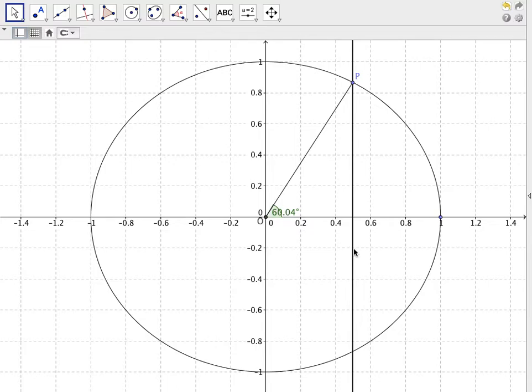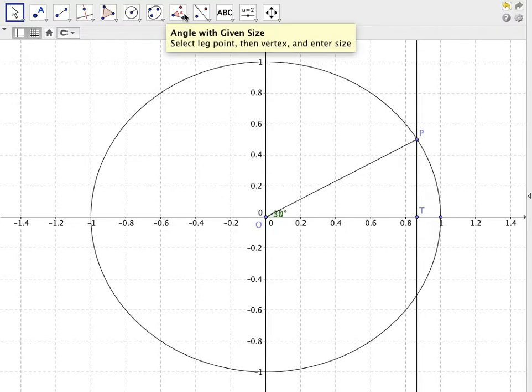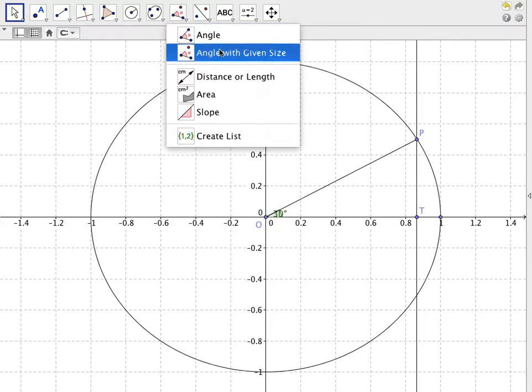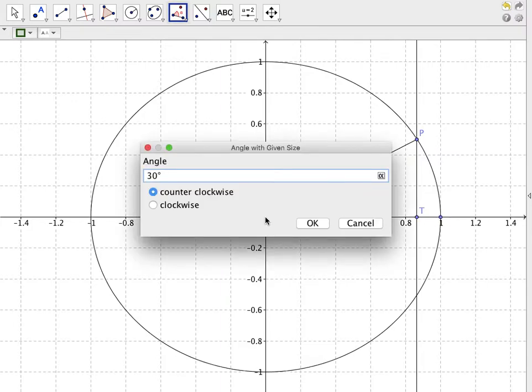Okay, let's go back to our first graph with 30 degrees. This was a 30-degree angle. Let's make another one here, but for 150 degrees. One side of the angle is going to be the positive side of our x-axis, and I'm going to make it 150 degrees.